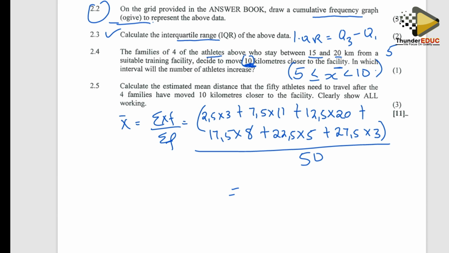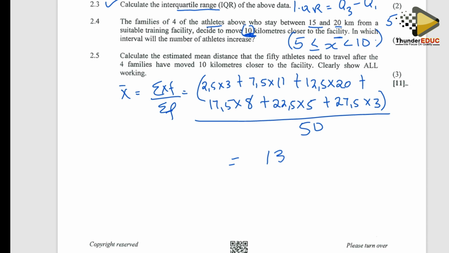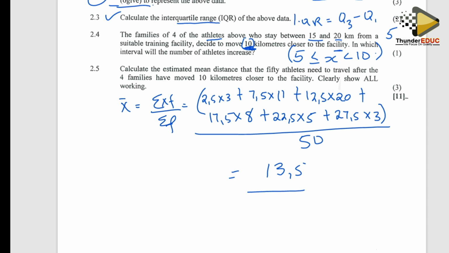It's 2,5 times 3 plus 7,5 times 11 plus 12,5 times 20 plus 17,5 times 8 plus 22,5 times 5 plus 27,5 times 3. We're dividing it by 50 and getting 13,5 as our estimated mean. Okay, so that is question number 2.